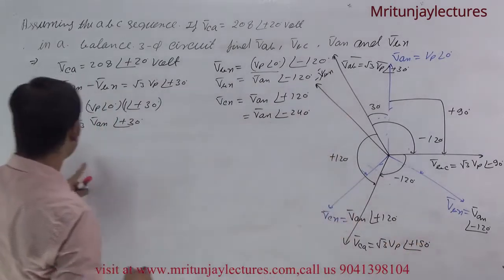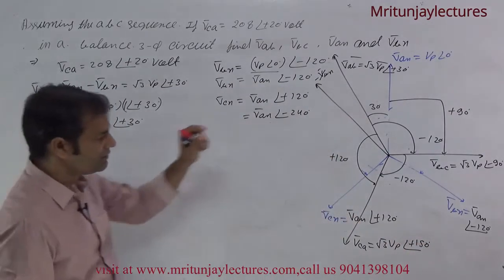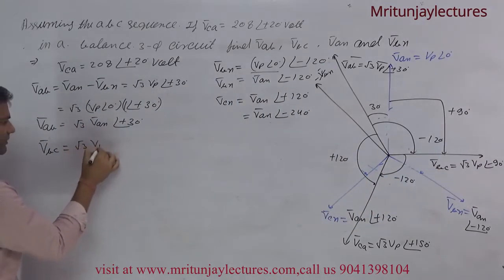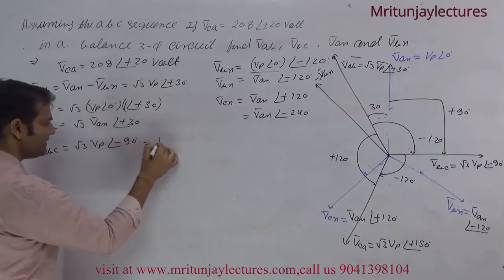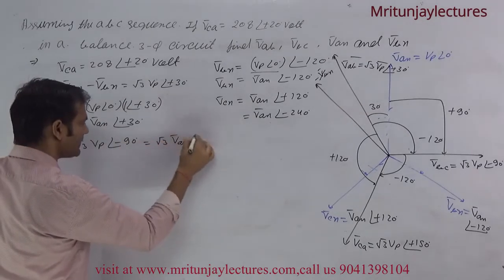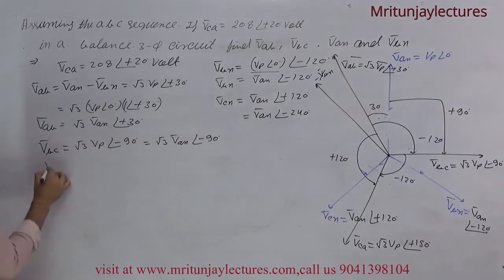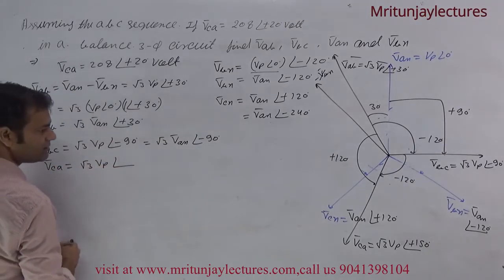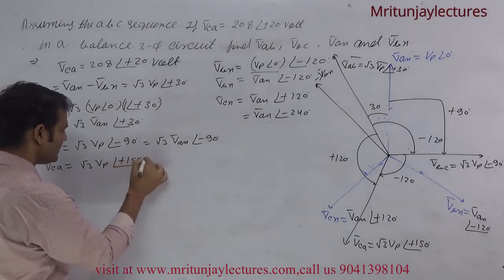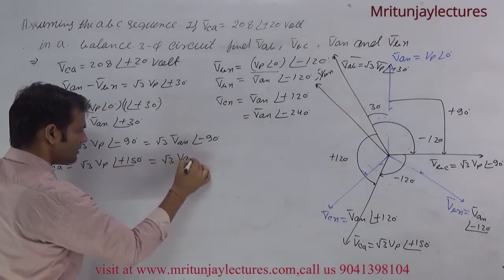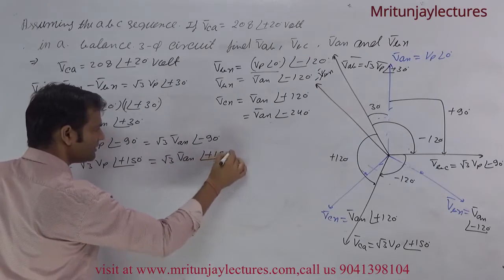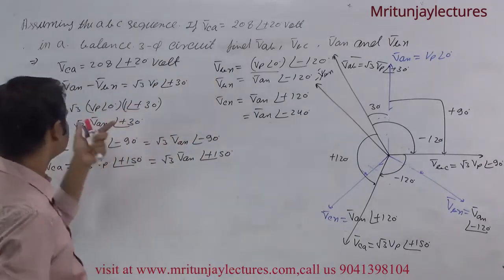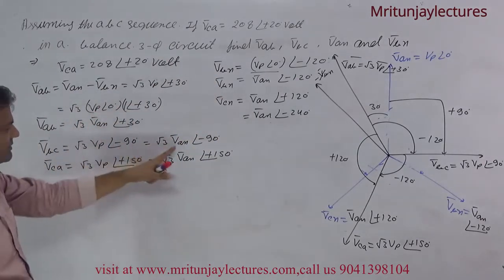So you can write BC as root 3 VP at the angle minus 90, or root 3 AN at the angle minus 90, and CA as root 3 VP at the angle plus 150, or root 3 AN at the angle plus 150. Okay, clear? Similarly VP is also written as AN.